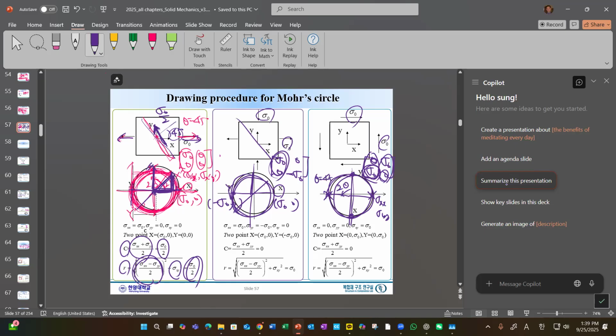What does it mean? If we draw like this in the 45 direction, the axis will be a tension. So this much tension. And then this one is negative. Negative means this way.